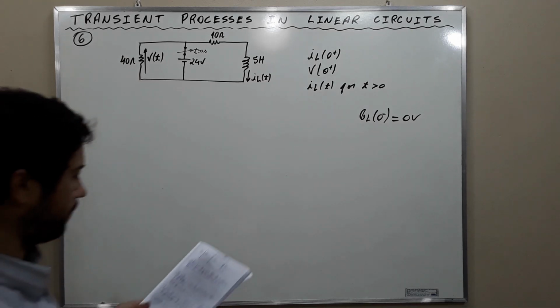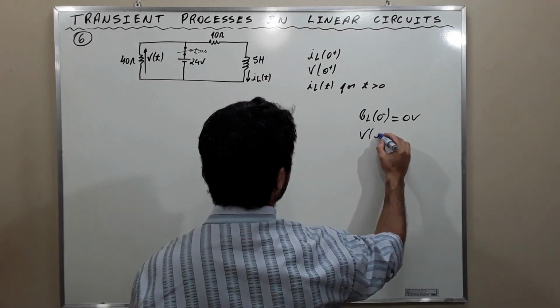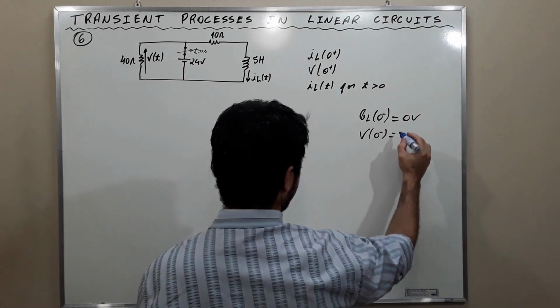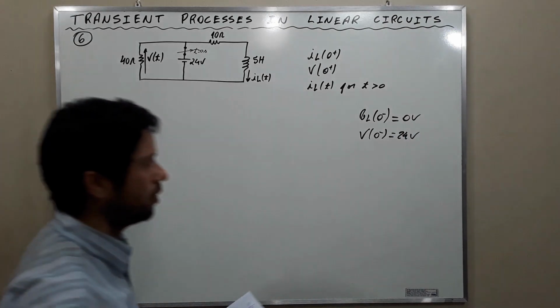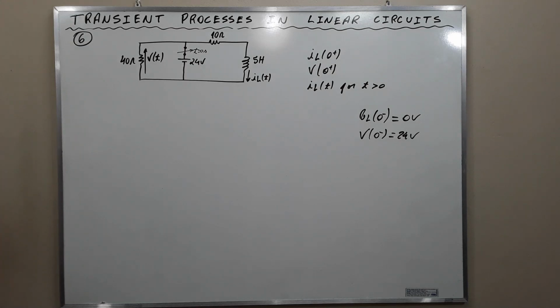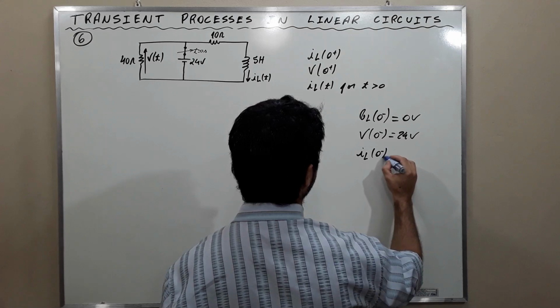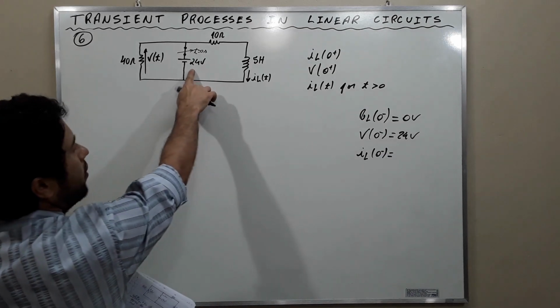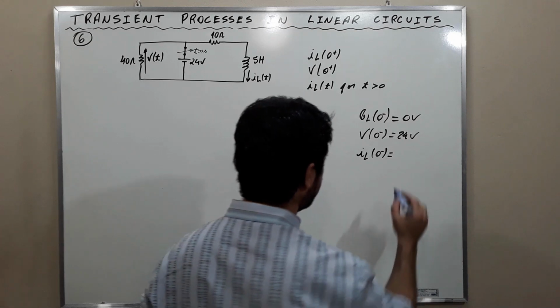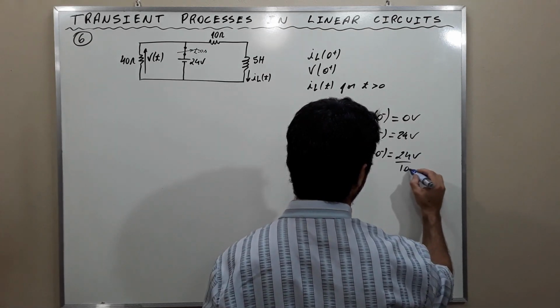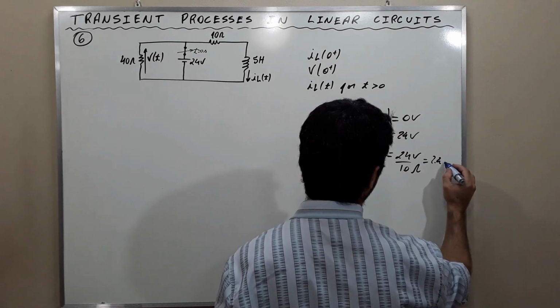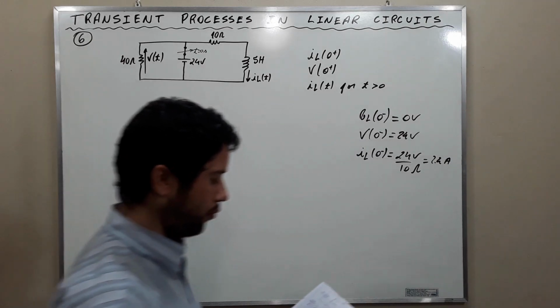So V is equal to 24 volts before the switch is opened. And the inductor current in steady state before the switch is open is 24 volts divided by 10 ohms, which is 2.4 amps.